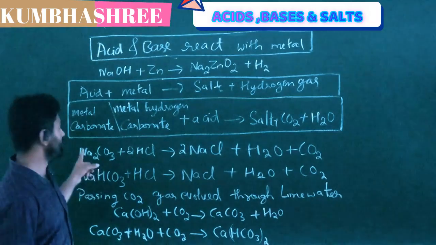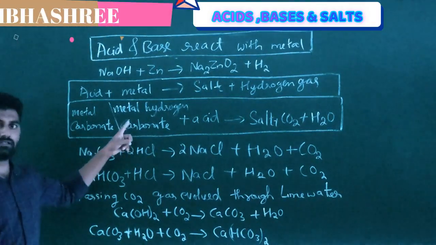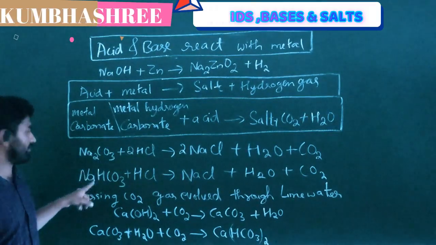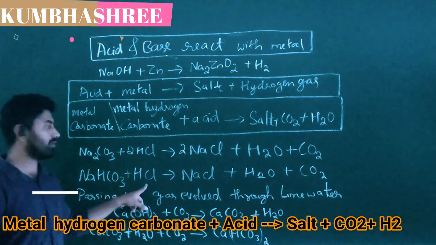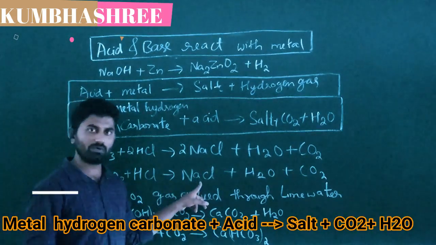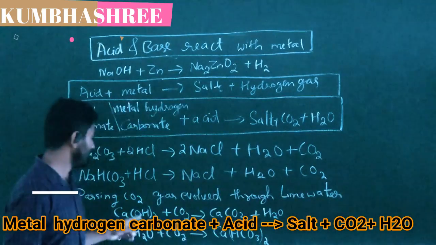Next, for the example of metal hydrogen carbonate, sodium hydrogen carbonate treated with hydrochloric acid, you will get sodium chloride as a salt along with water and carbon dioxide.